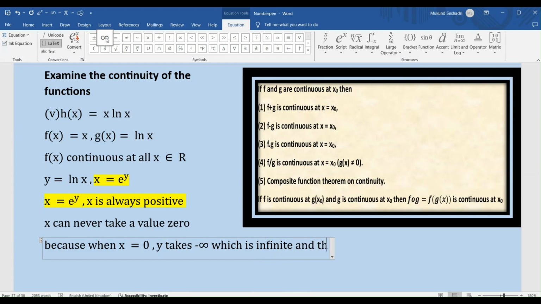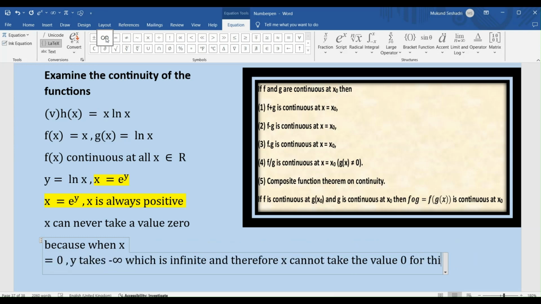And therefore, x cannot take the value 0 for this function, right? Let me write it.